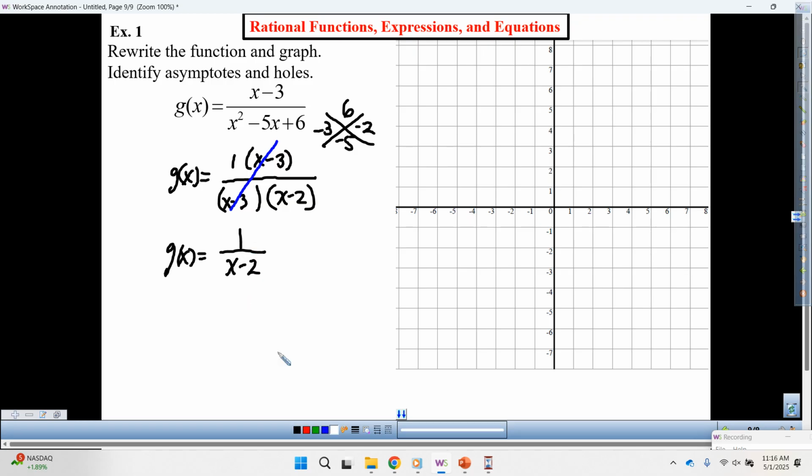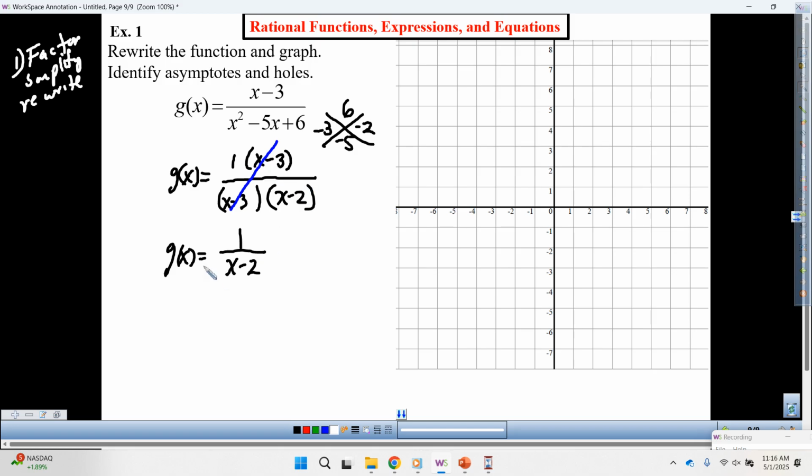So on the side, I want you to write step one, factor, simplify, rewrite. All right?